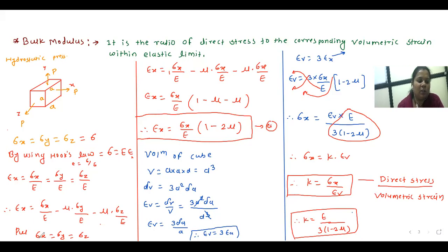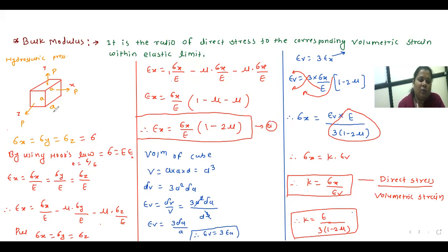So we will put sigma x instead of sigma y and sigma z. So epsilon x is equal to sigma x upon E minus mu into sigma x upon E minus mu into sigma x upon E. From these three terms, we have taken sigma x upon E as common. So here 1 is remaining, here minus mu and minus mu. So sigma x upon E into 1 minus 2 mu. So this is equation A.